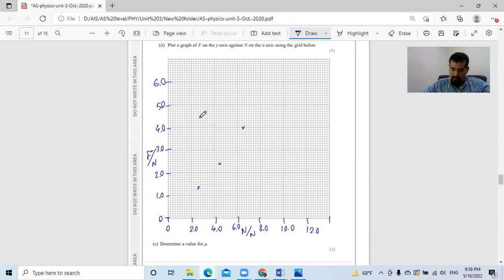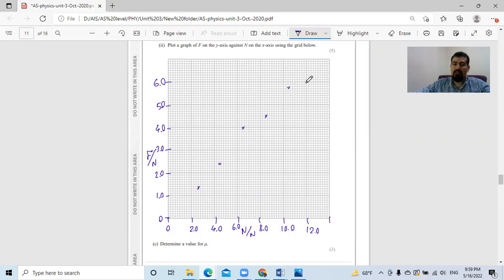Then 4.6 with 8.34, somewhere here. And the last one, 5.8 with 10.3, somewhere here. These are approximate, not exact values.